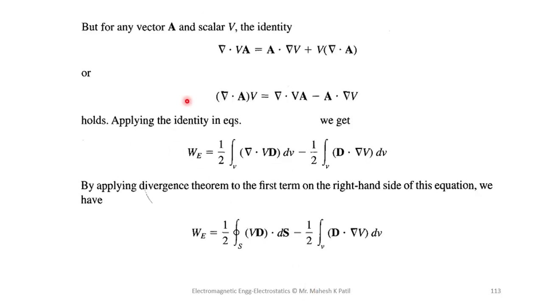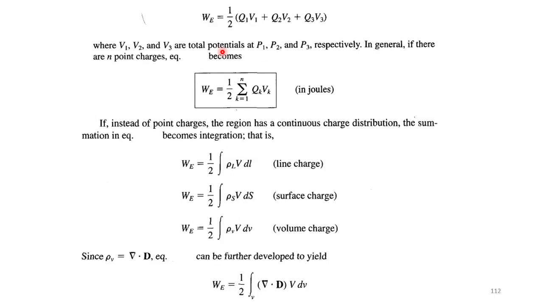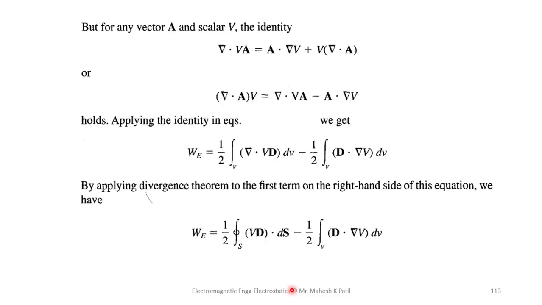Now we'll try to find the answer for this term only, that is del dot D into potential. So let A be any vector and V be any scalar.